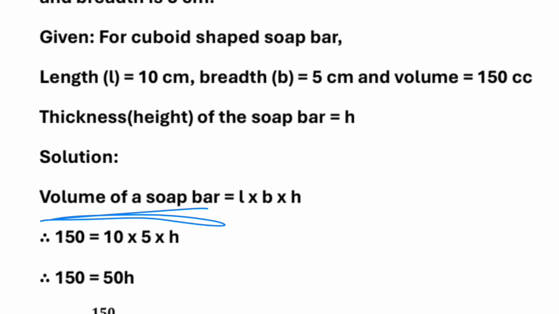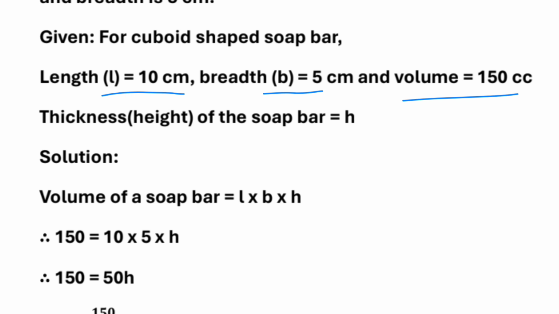Now with the help of this information, L is equal to 10 centimeter, B is equal to 5 centimeter, and volume is equal to 150 cubic centimeter. With the help of this, we will find the thickness, or height of that soap bar. Therefore, volume of a soap bar is equal to L into B into H. Have you got this?